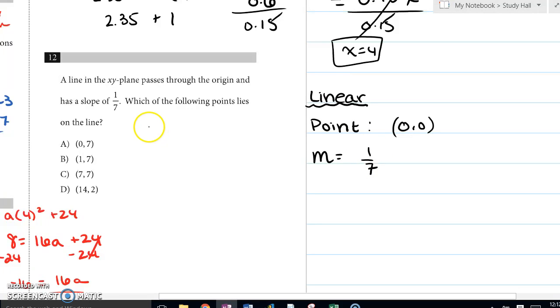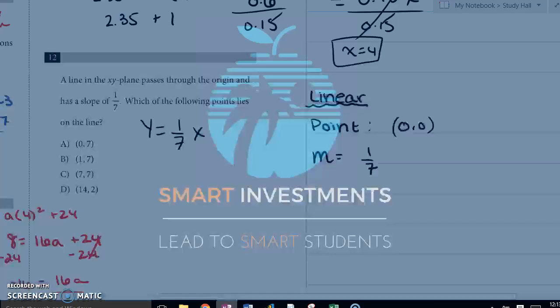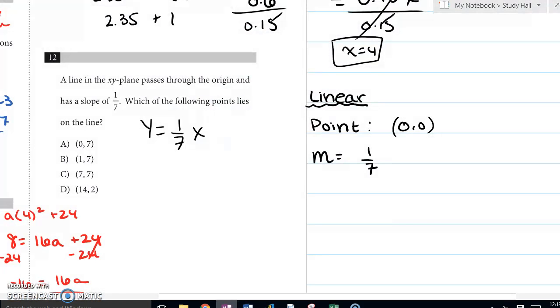Okay, well, I know that in slope-intercept form, y equals mx plus b. Well, b is 0. The line is y equals 1/7 x. So if we plug in 0 for x, you should get y is 0. Okay, so that doesn't work. If you plug in 1 for x, you should get y equals 1/7.